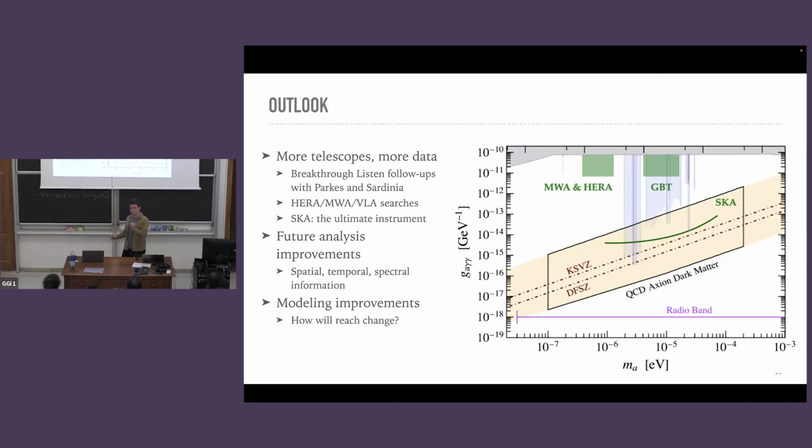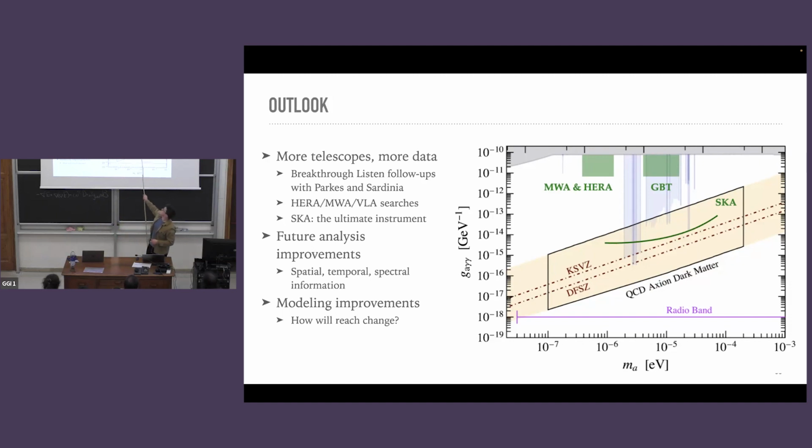If you believe that your signal is going to live all within the very central pixel, which is not quite the truth, but to good approximation it is, then at SKA, as you go to lower frequencies, which we can't access here with GBT, your beam gets wider, which means you're bringing in more background, and the strength of your limit decreases somewhat. There's also just a frequency dependent gain in SKA. That means it's less sensitive at amplifying flux density that's incident on the radio antenna into power that's recorded by the receiver, and so that's baked into that projection as well.